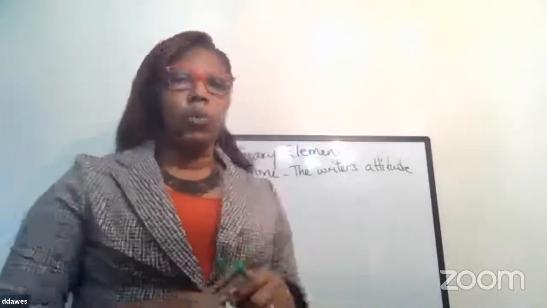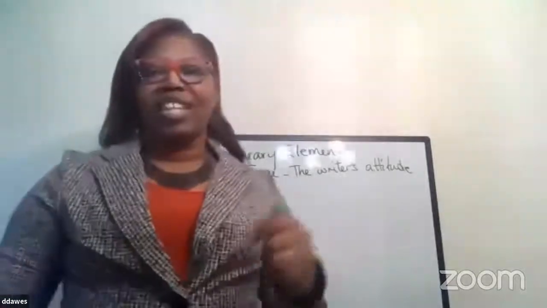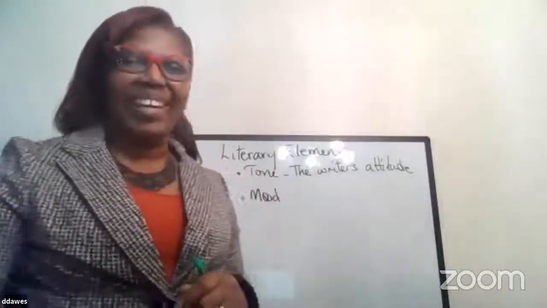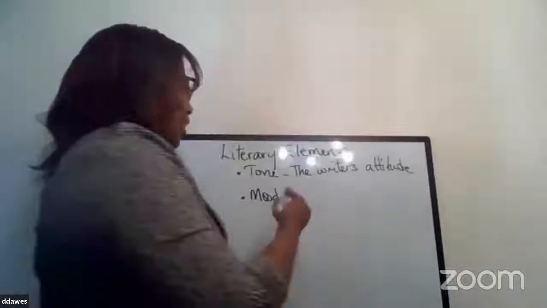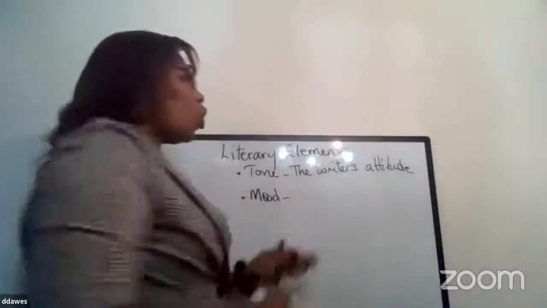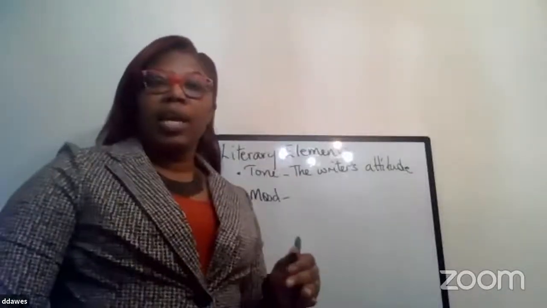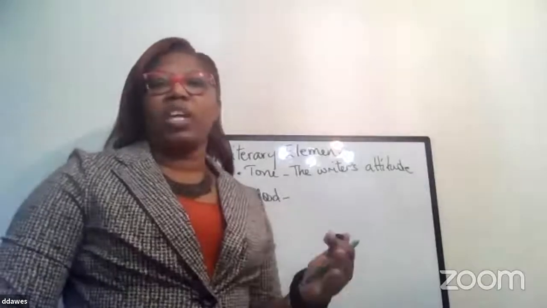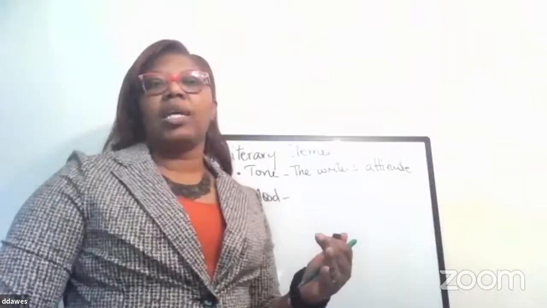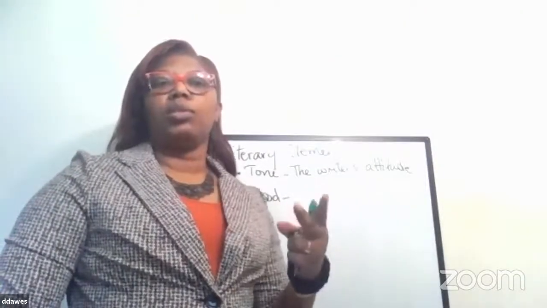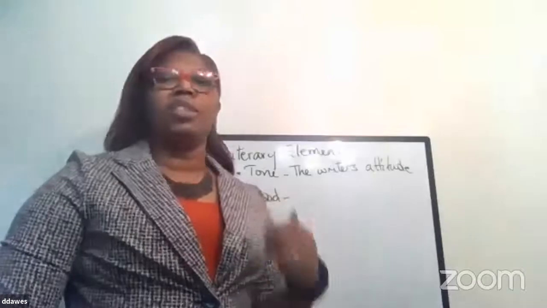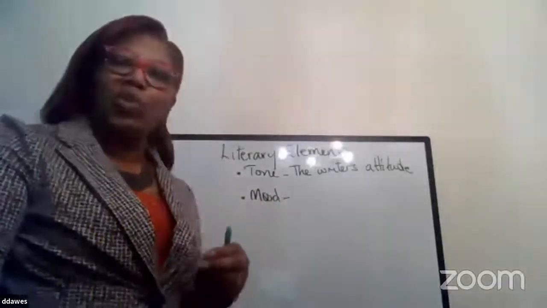So let's look at tone. No, sorry, we just looked at tone. Let's look at mood. Sorry. Okay, so mood. What did we say mood is? So if tone has to do with the writer, what do you think mood has to do with? I'm giving you 1, 2. Good. Mood has to do with the reader.